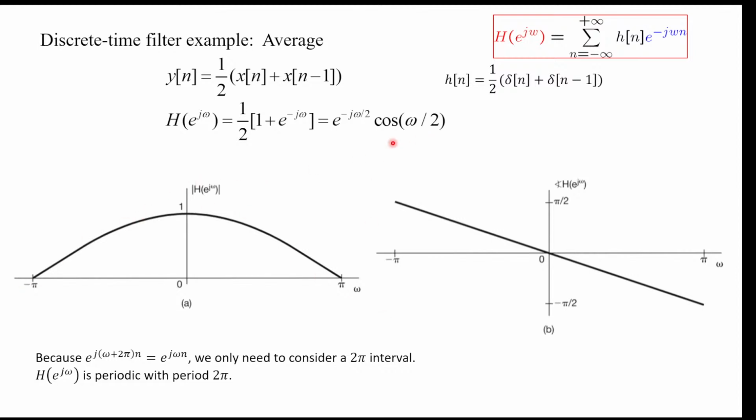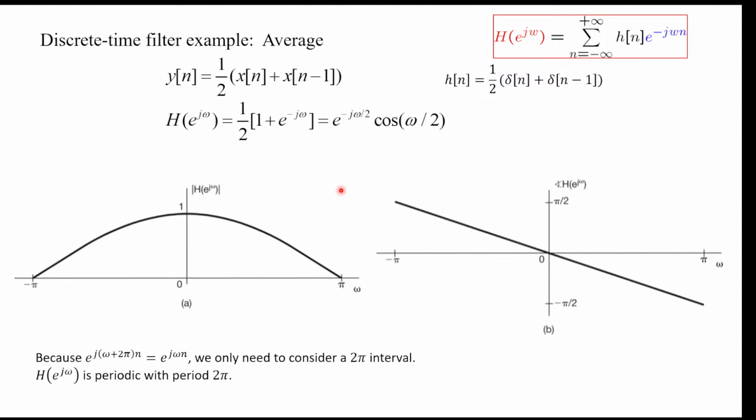The absolute value will be the absolute value of cosine ω/2, which looks like this, and it is a periodic function with period 2π, so we only plot from minus π to π. For the angle, it is e^(-jω/2), so the angle is minus ω/2, a straight line here.